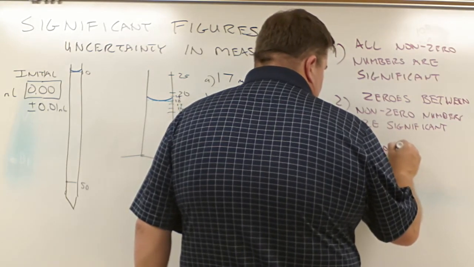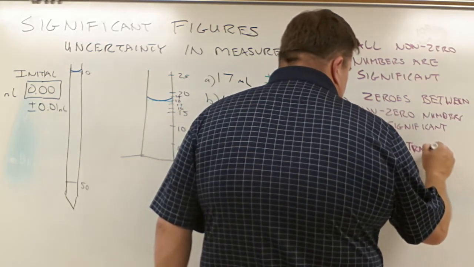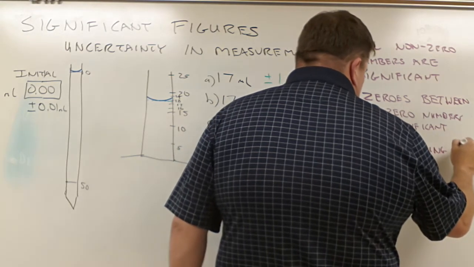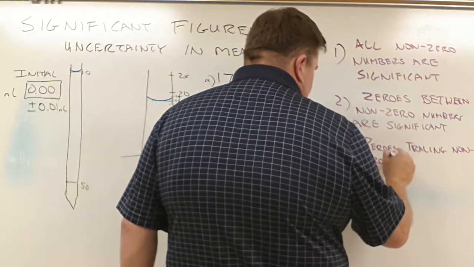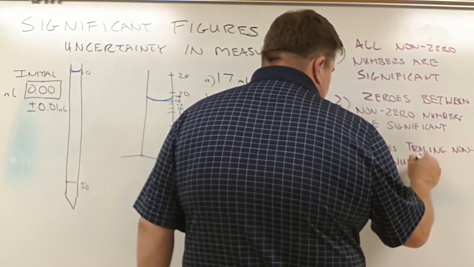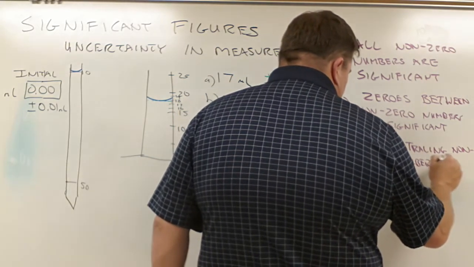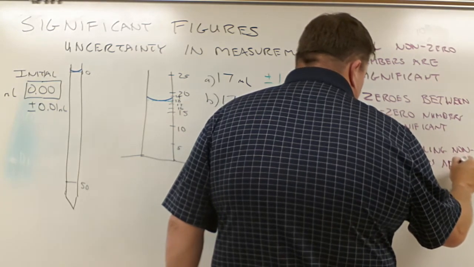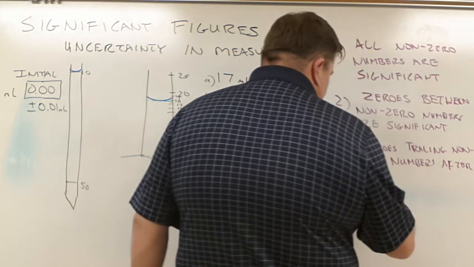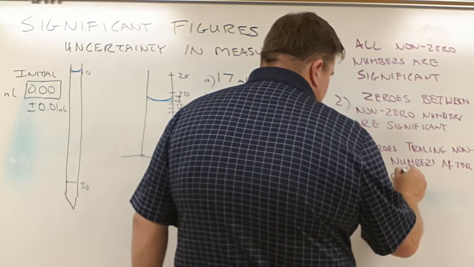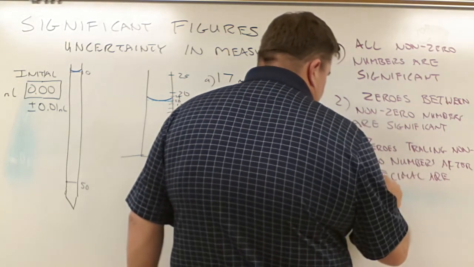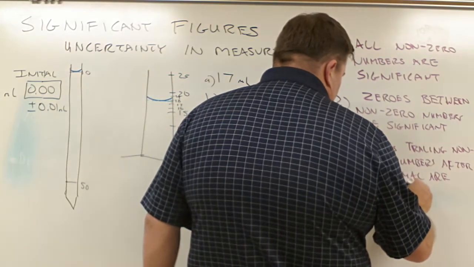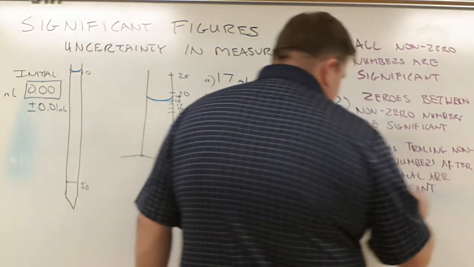Zeros trailing non-zero numbers after a decimal are significant. Okay?